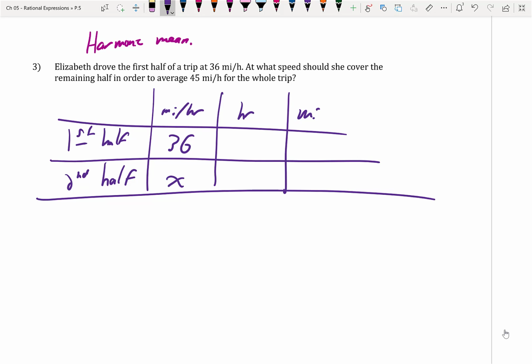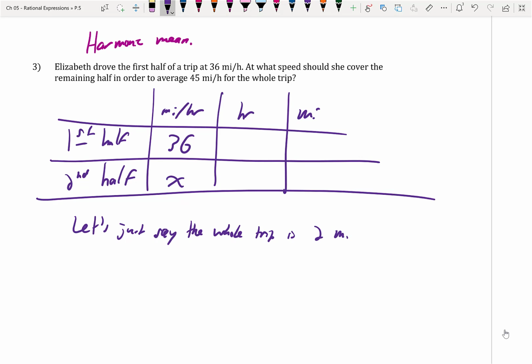So what I'm going to do is say that the trip is the simplest possible number of miles to have a first half and a second half. 2. Let's just say the whole trip is 2 miles.